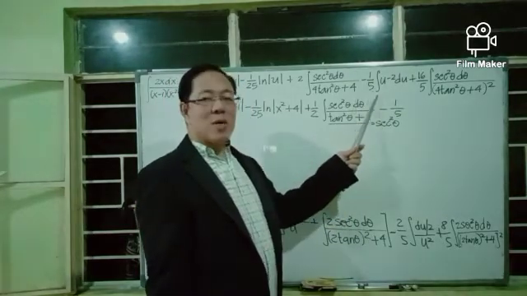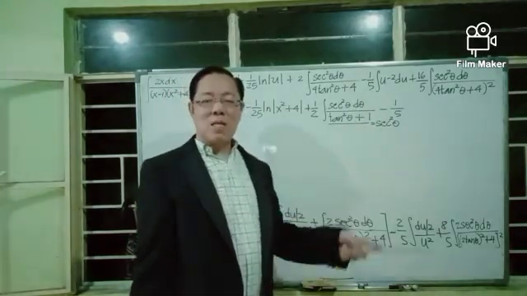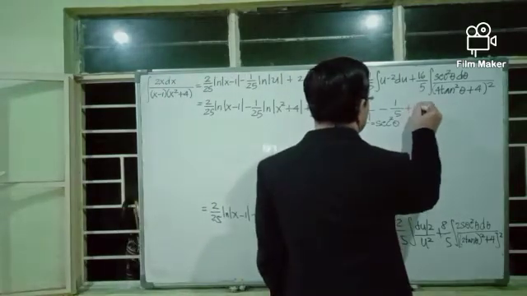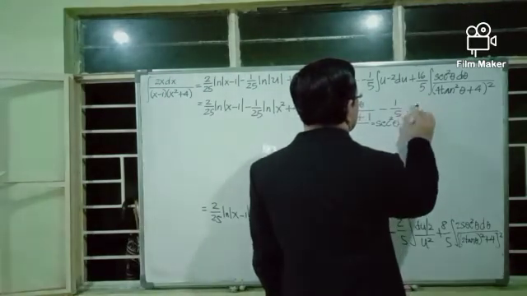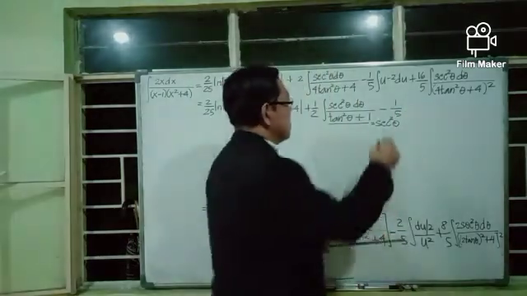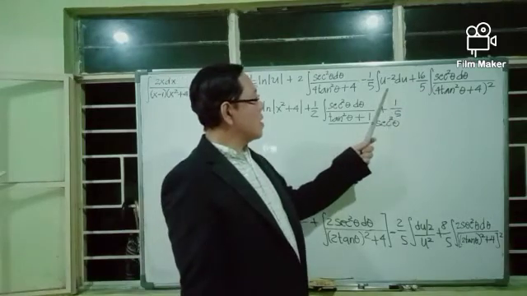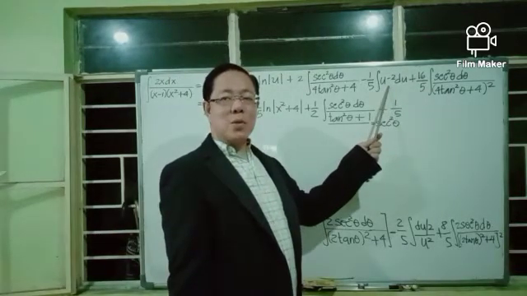And minus 1 over 5 divided by minus 1 is positive 1 over 5. Positive 1 over 5 and multiply by u to the minus 1.